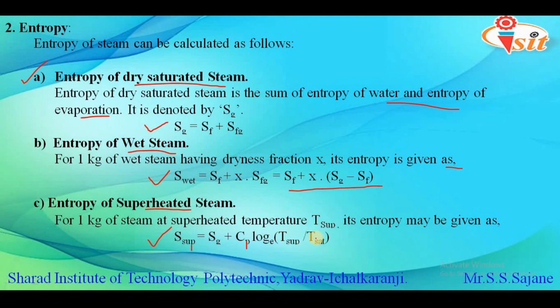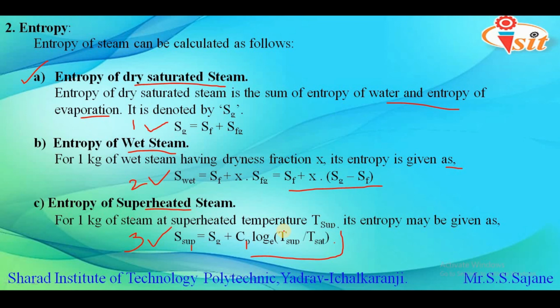If we look at all three formulas regarding entropy and compare them with those of enthalpy, you can see that the first two formulas are almost similar, just replacing the value of H by S. Whereas for the entropy of superheated steam there is a little change: we are taking the ratio of temperature, whereas in the case of enthalpy, while calculating the enthalpy of superheated steam, we used the formula H_g + C_p × difference of the temperature.